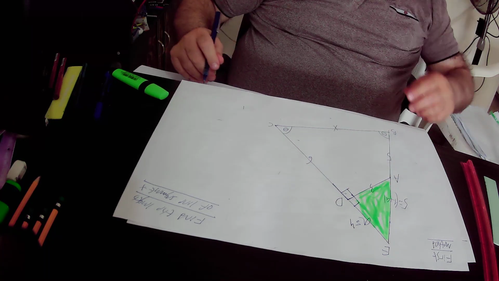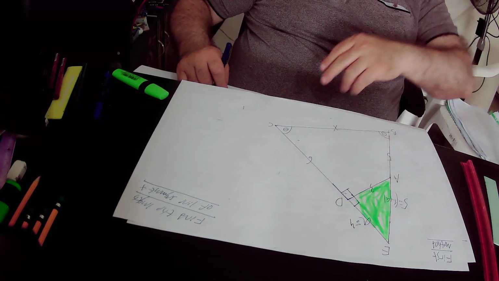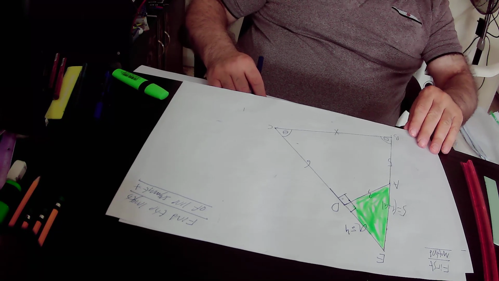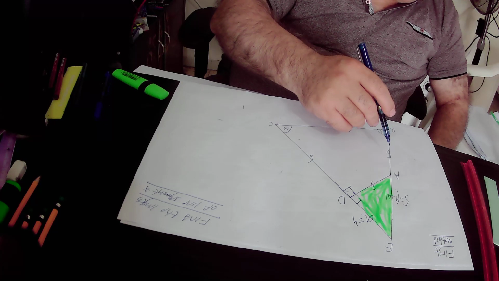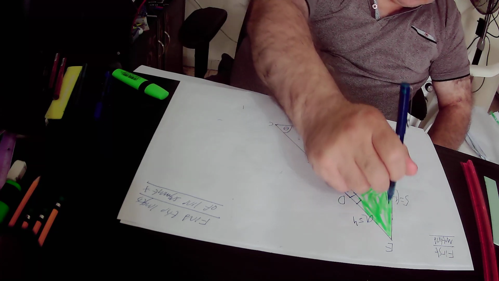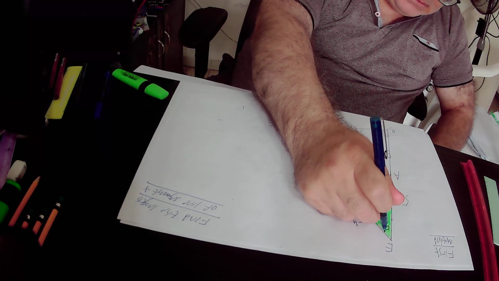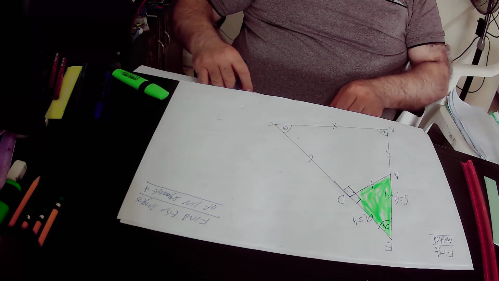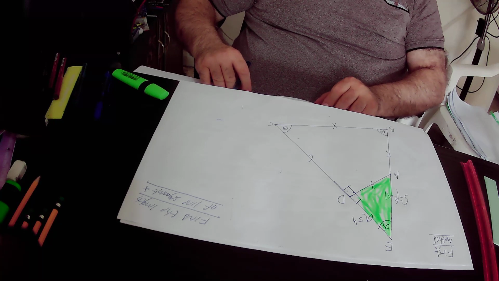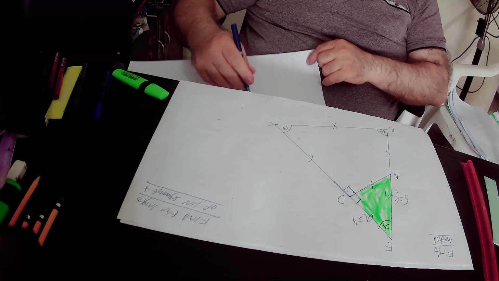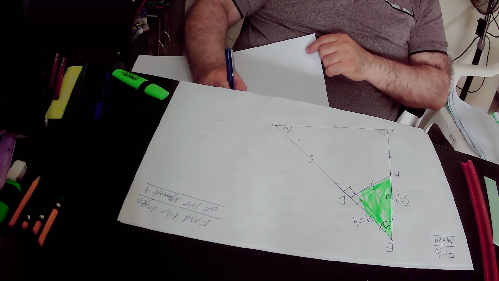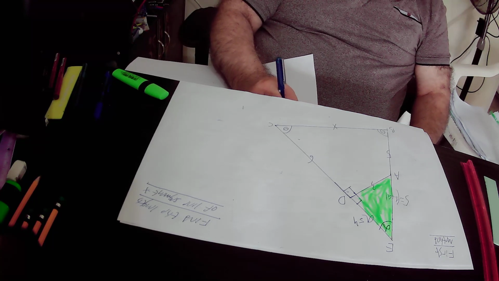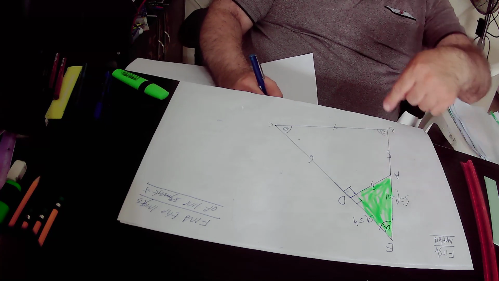In the next step we'll focus on the green right triangle, triangle ADE. We'll define angle AED. This angle is alpha. So in the right green triangle ADE, cosine alpha equals ED over EA.